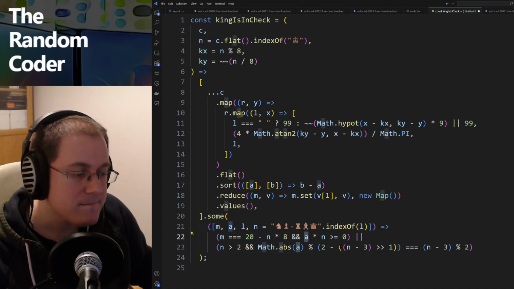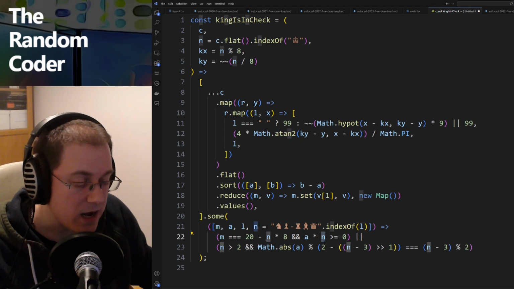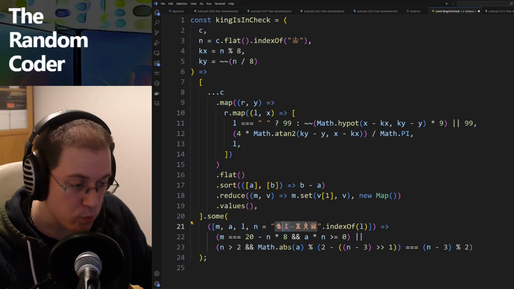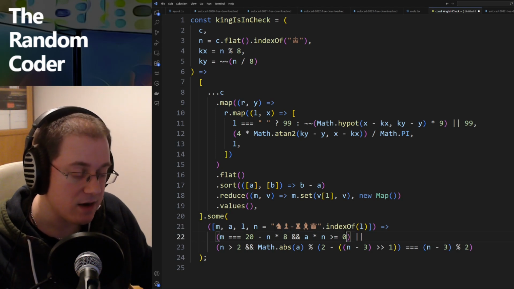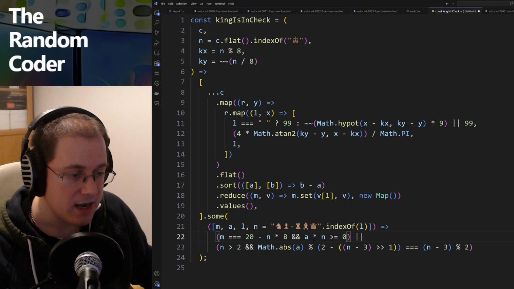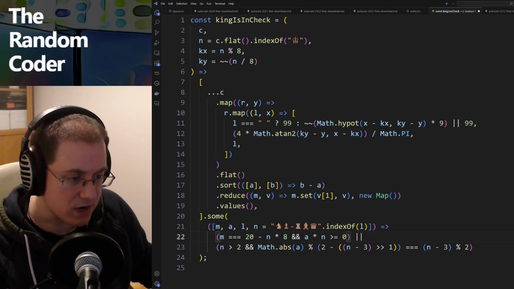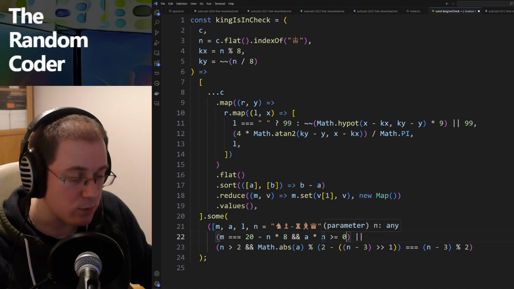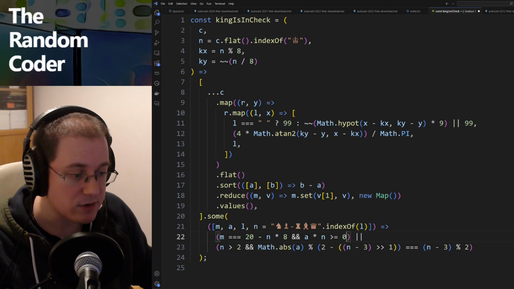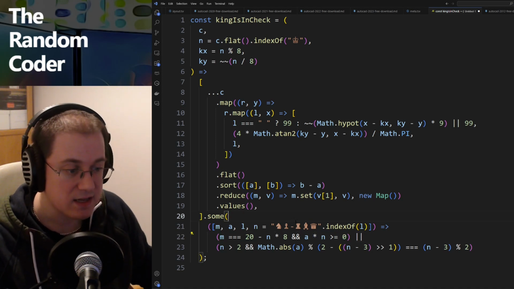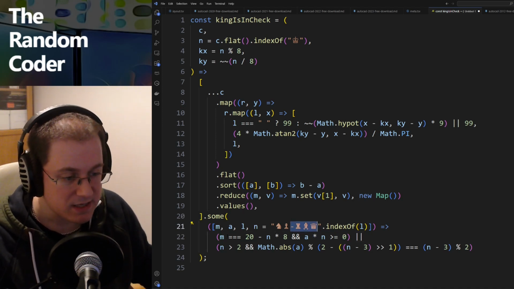So yeah, angle times by n, which for a pawn would be 1. If that's greater than 0, then it passes that check as well. Now for a knight, obviously, n would be 0. Anything times 0 is going to be equal to 0, so that will pass the check for a knight. Now, how does it handle all of the other pieces on this line?